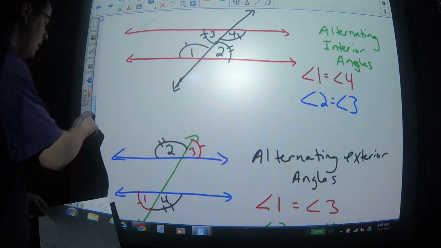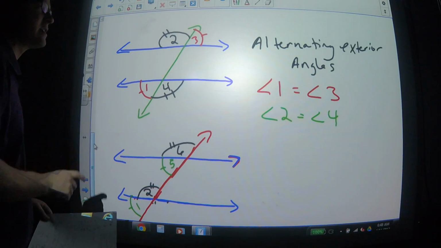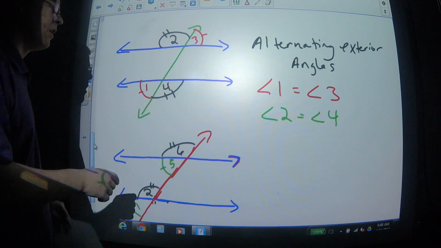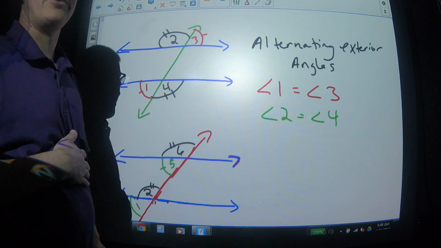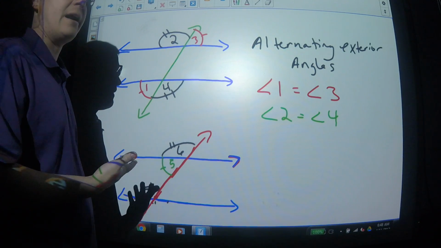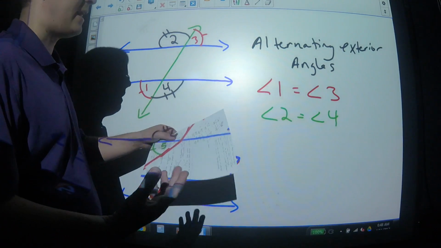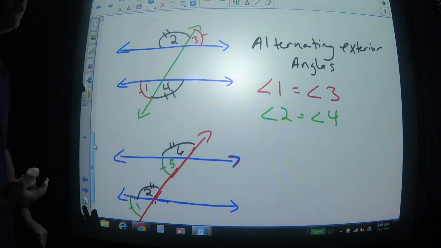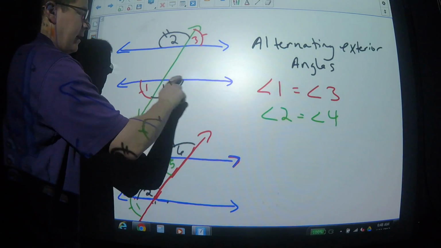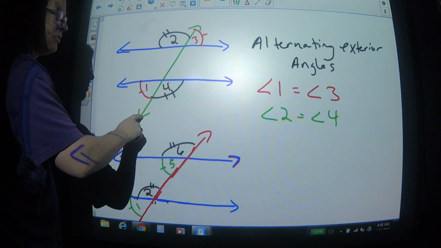Another property, the exterior. Alternating exterior angles are once again on opposite sides of the transversal, but they're on the outside of the parallel lines. So you've got your two parallel lines and your transversal.